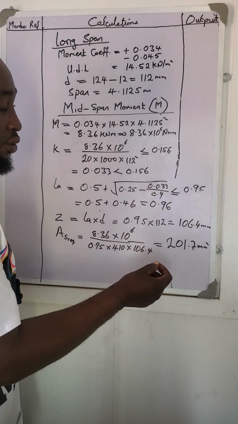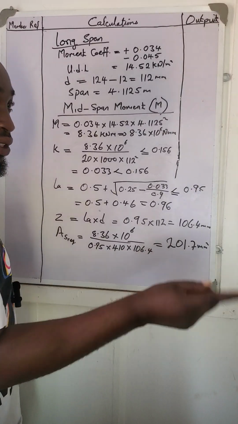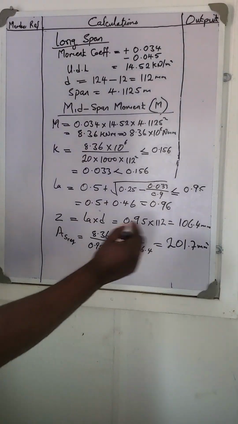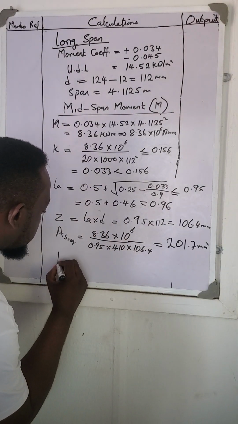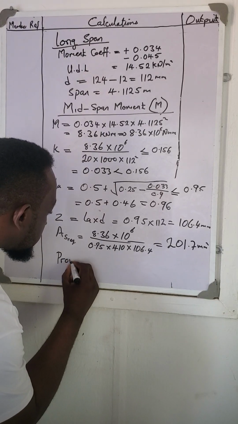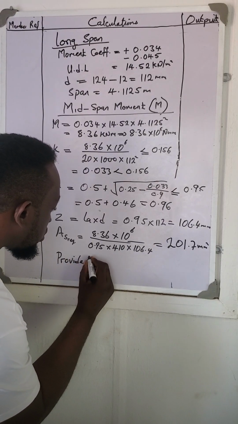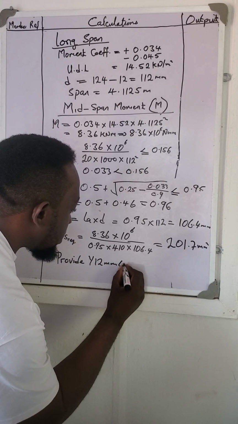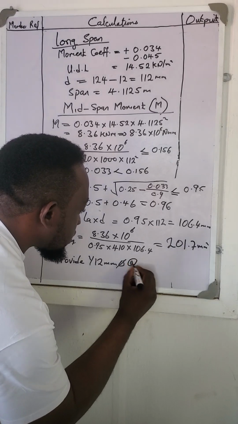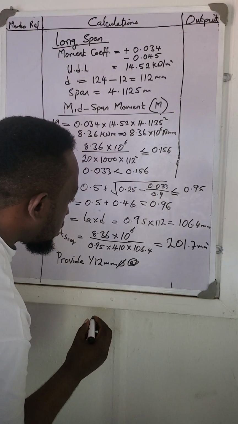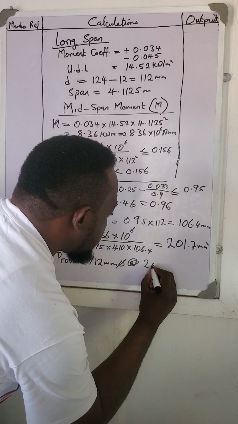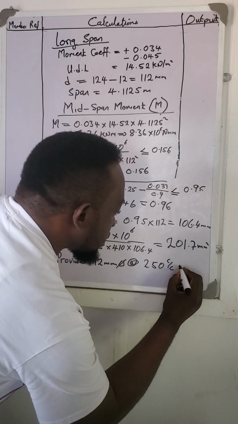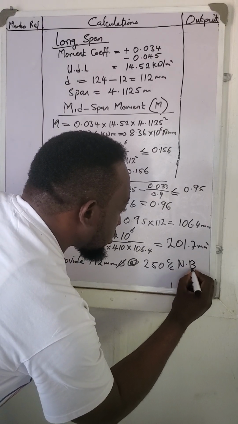So because of the sizes of steel we have, I will provide Y12, 12 mm diameter at 250 center to center near bottom.